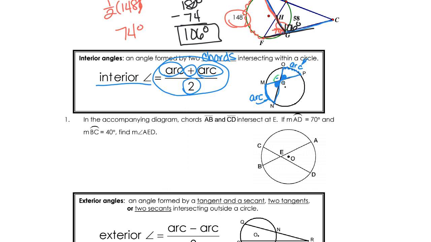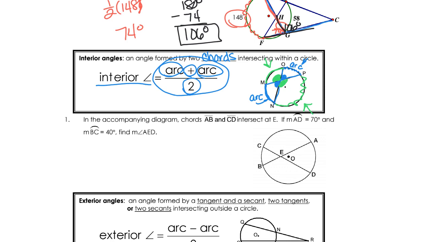If we're looking for these angles here or here, they're going to have the same measure because they're vertical. These are the two arcs that you add together in order to figure out those green angles. So be careful. There's usually 4 arcs because there's 4 angles. Make sure you add the correct 2.